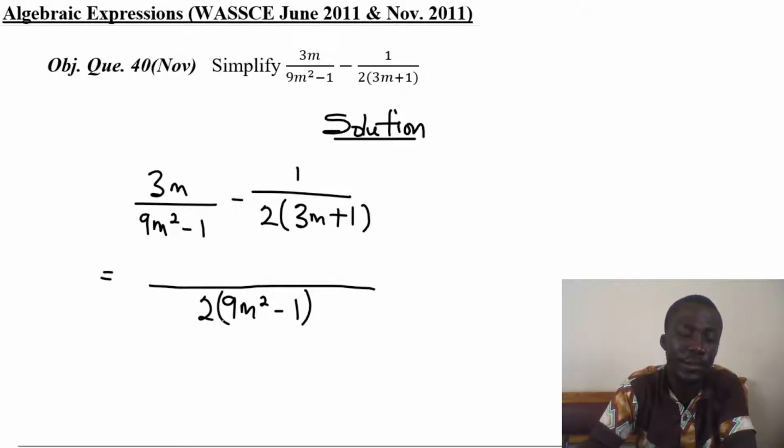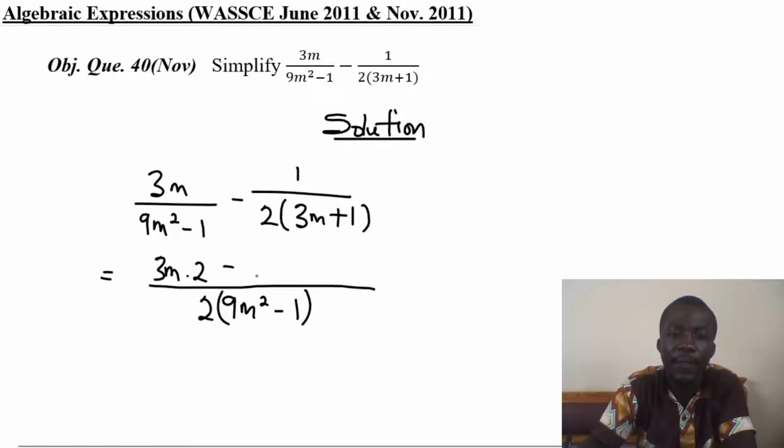Well, now let's continue. 9m squared minus 1 divides 2 into bracket 9m squared minus 1. So we'll be left with 2. Already we have 3m there, so 3m multiplied by 2.